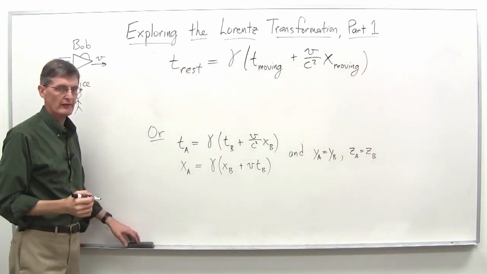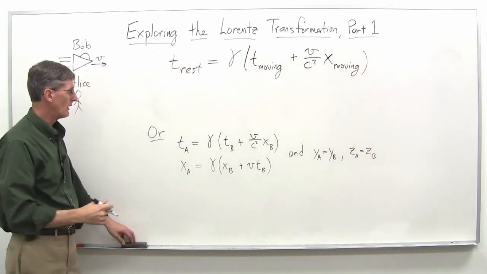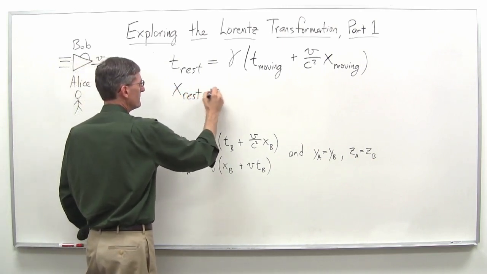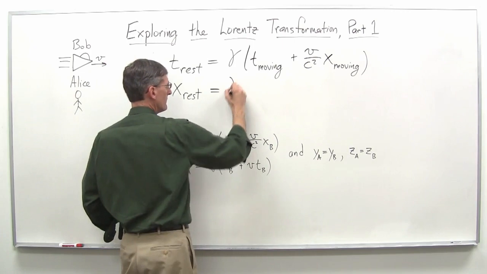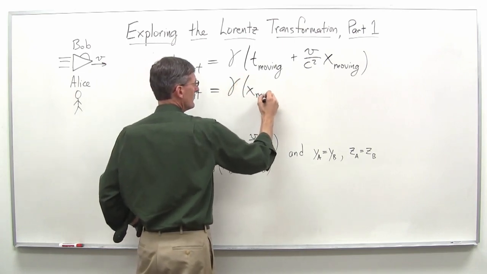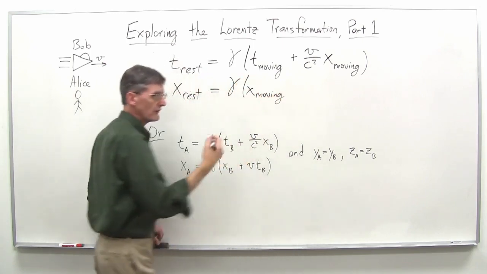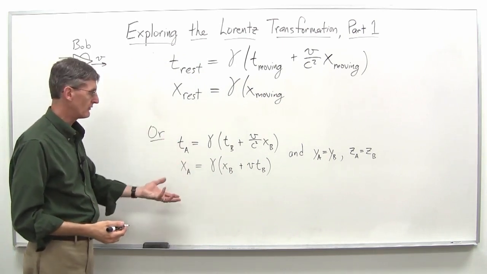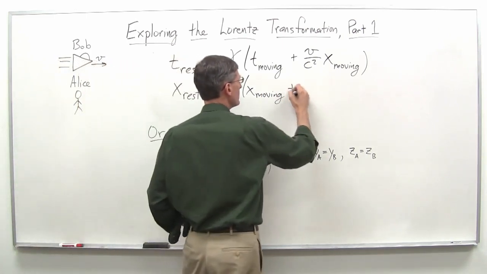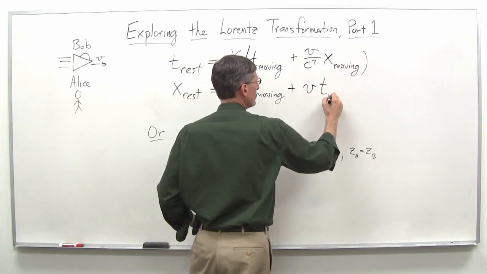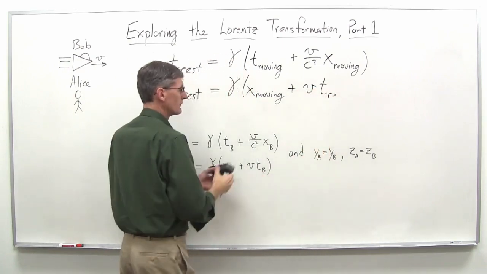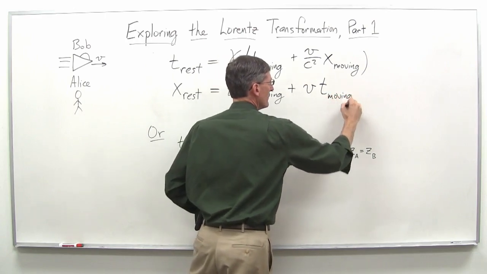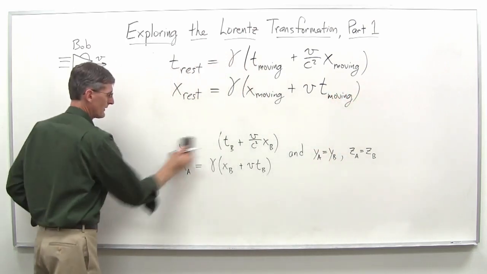In this case that would refer to Bob. And then x rest equals gamma times x in the moving frame with respect to Alice, Alice being assumed at rest here, plus v T moving, not rest.